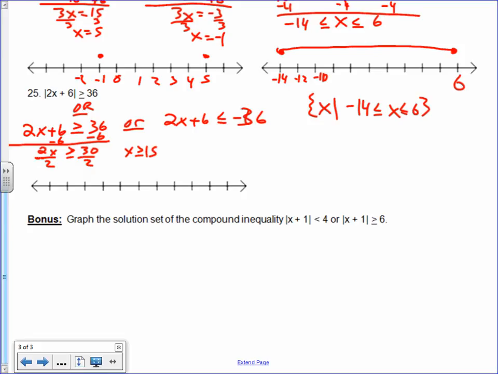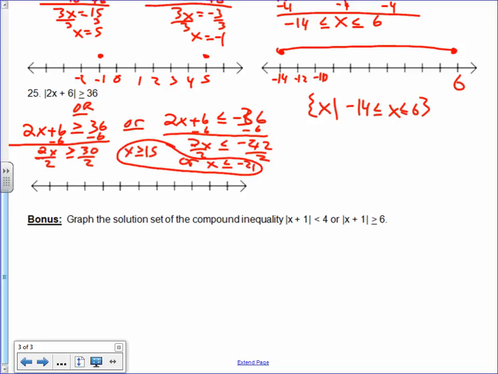All right. And this one right here, minus 6 from both sides. If 2x is less than or equal to negative 42, divide both sides by 2, x is less than or equal to negative 21. This is an or. So this would be our final inequality, and you have to graph it then. So let's say 15 is over here, negative 21 is all the way over here.